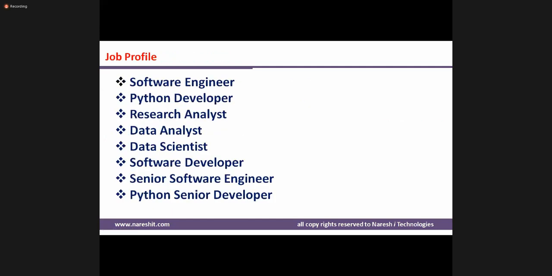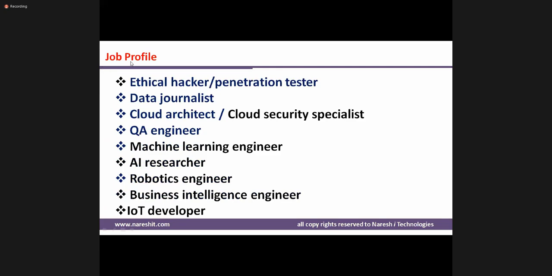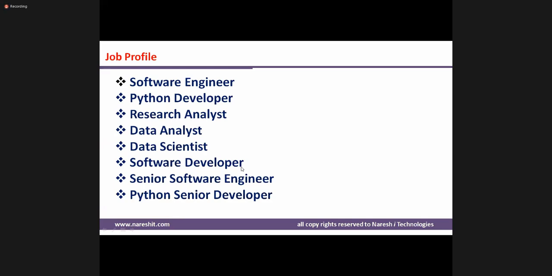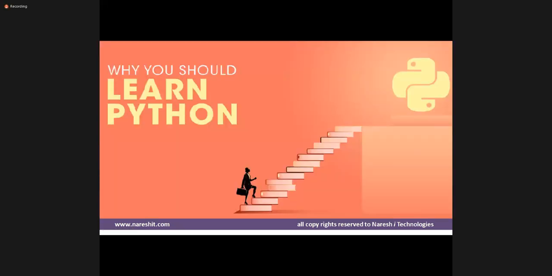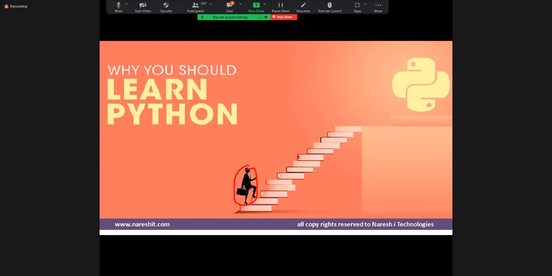This is the job profile. To select any one of the job profiles, we need to have the Python coding language. In the demo sessions only I said what different job profiles. These many job profiles where Python coding is compulsory. That's why our journey started from here onwards.